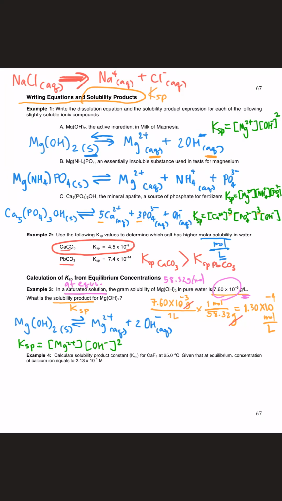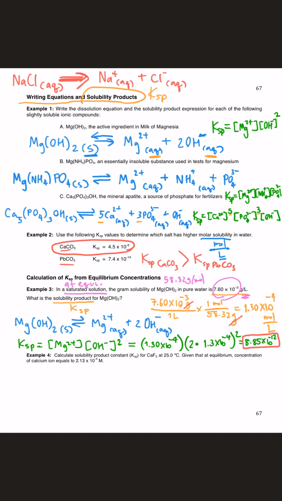Therefore, to take those into account and plug in all the values, you will get 1.30 times 10 to negative 4, which is the concentration of magnesium ions at equilibrium. And for hydroxide, it's going to be 2 times that concentration raised to the power of 2. And you will get the KSP of 8.85 times 10 to negative 12. And KSP is an equilibrium constant, therefore there will be no unit.